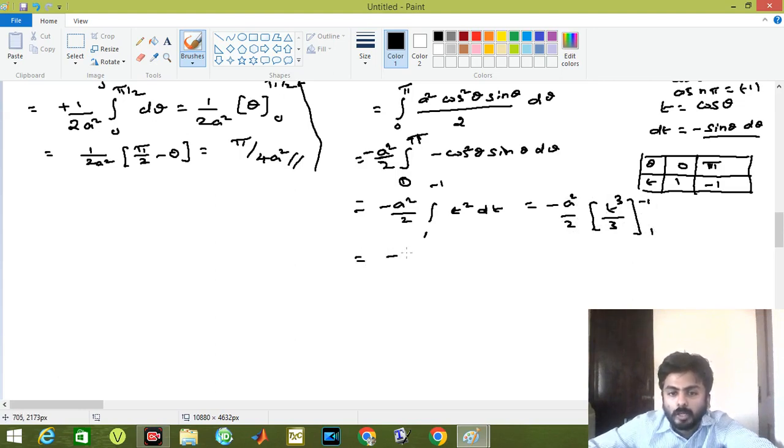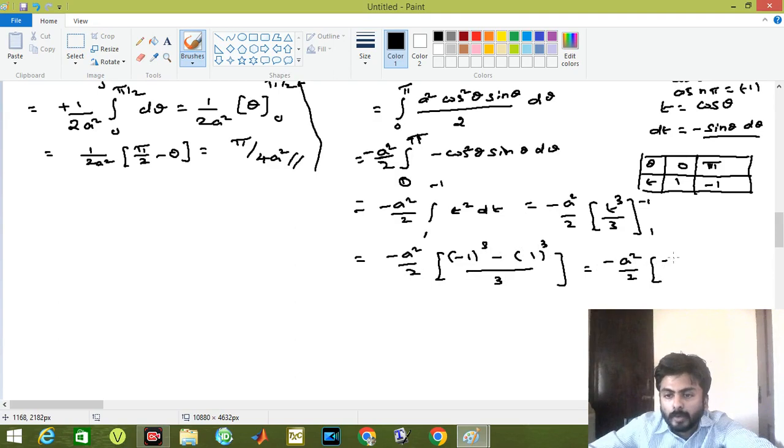So here you have minus a square by 2, into minus 1 the whole cube minus plus 1 the whole cube, divided by 3. So you will get minus a square by 2 into minus 2 by 3, and minus into minus becomes plus, 2a square divided by 2 into 3.